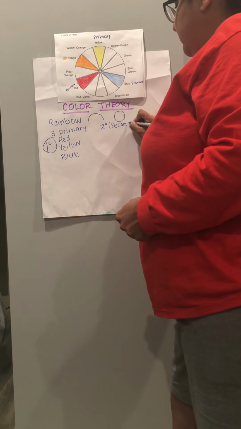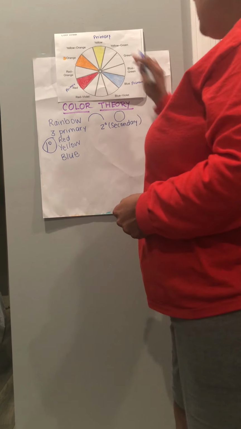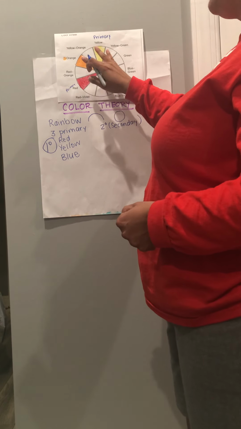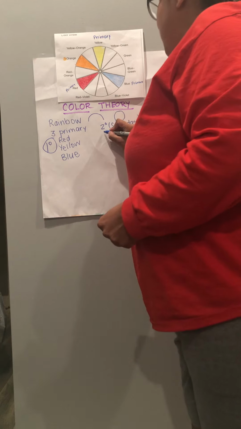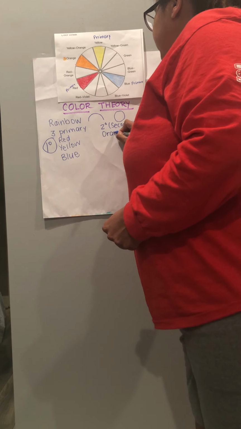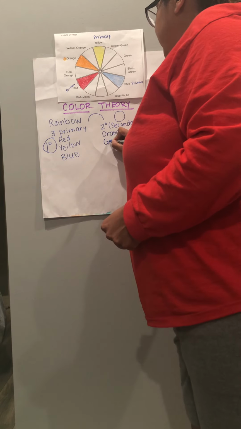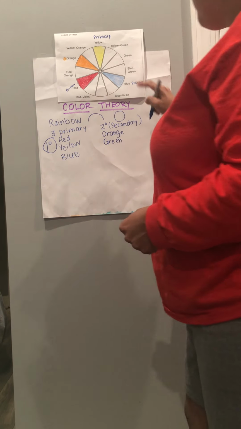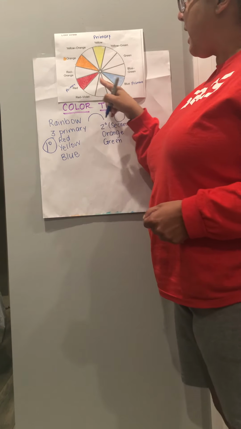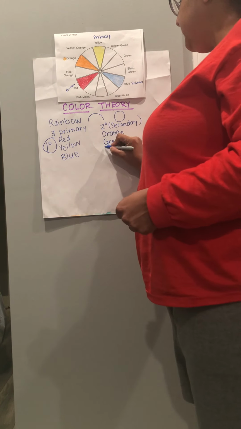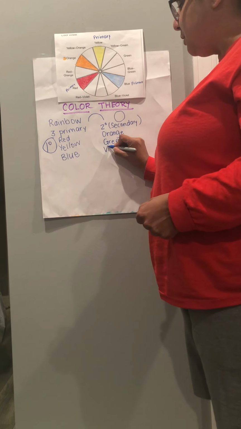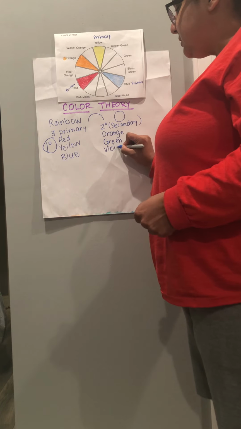I don't know if you guys can see that, yellow and red make orange. And so if I mix yellow and blue, it makes green. And if I mix red and blue, I'm going to get, which most people say is purple, but in the art world, we don't say purple.